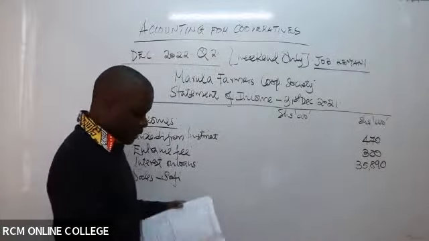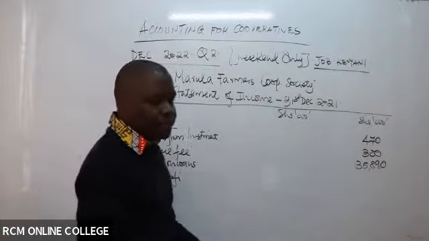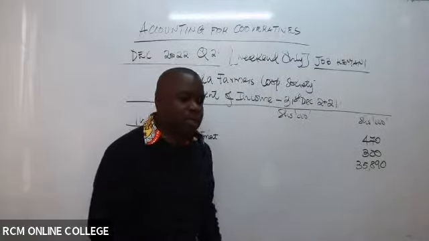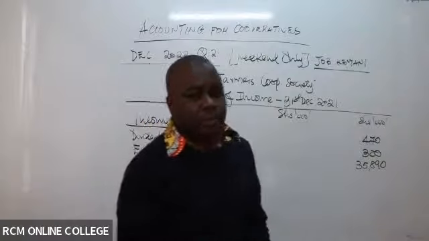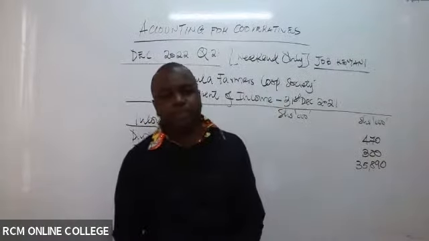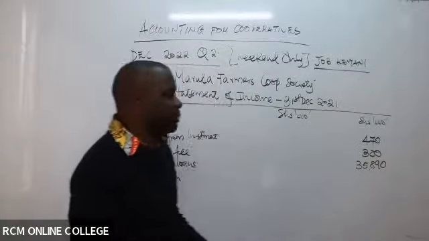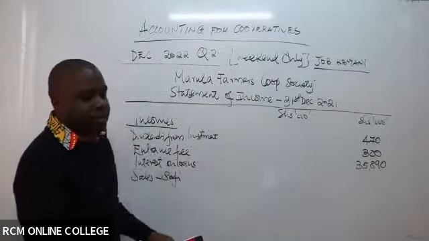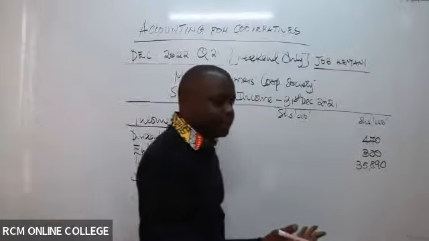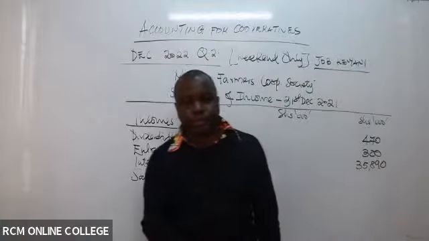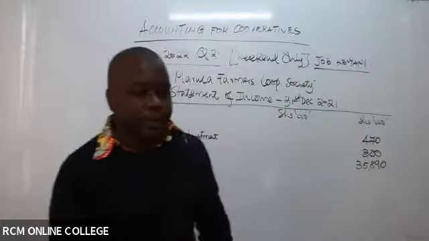So members' deposits will be part of the equity. Members' deposits are how the cooperative raises its capital, for example a minimum share contribution. So in this case it will go to part of the equity.